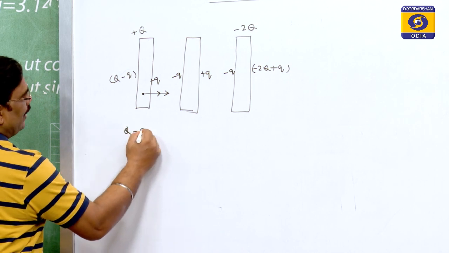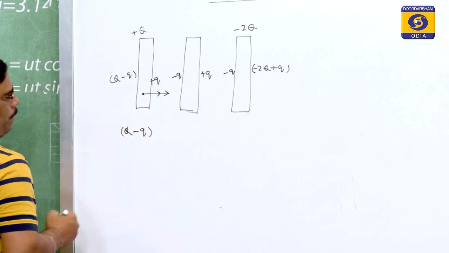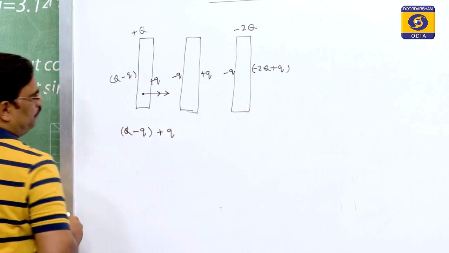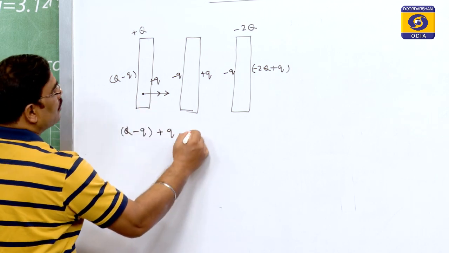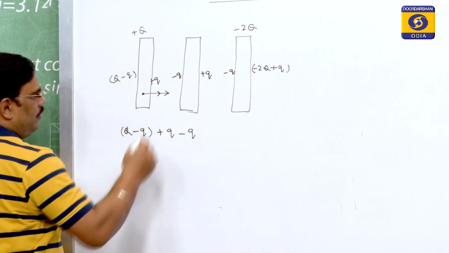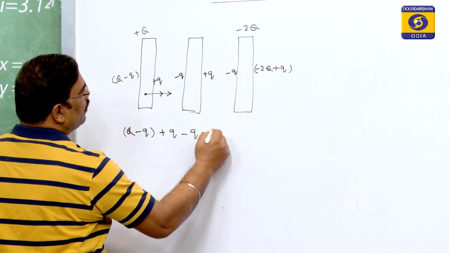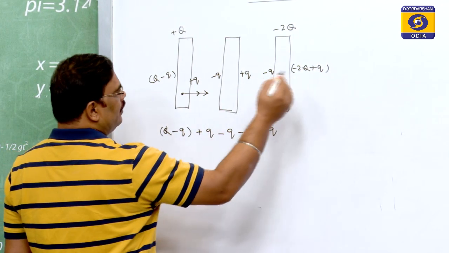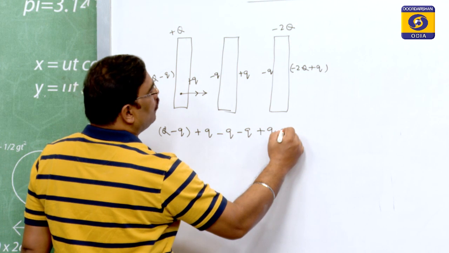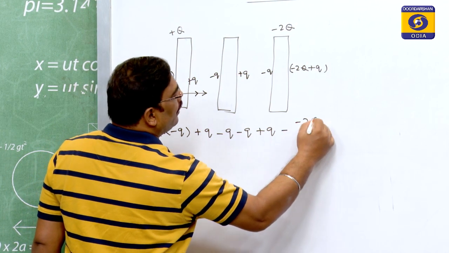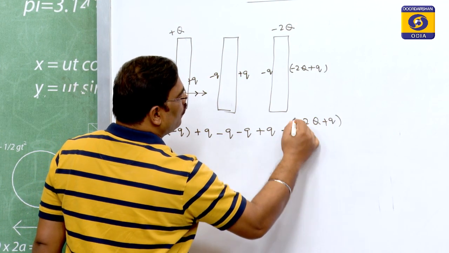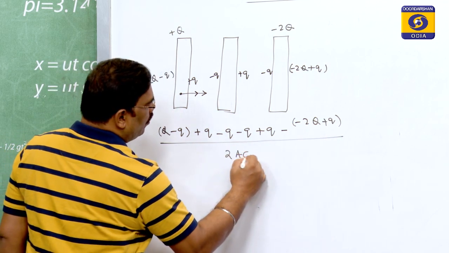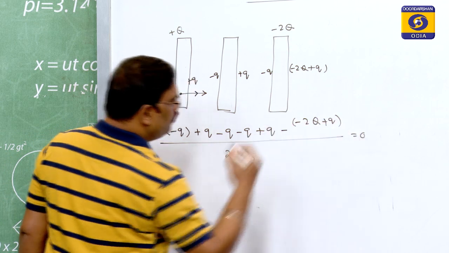So, it is Q minus q, and this is plus q, minus q, minus q plus q, and this one is minus 2Q plus q, all divided by 2A epsilon naught, must be equal to 0.